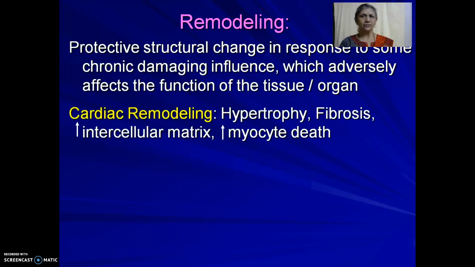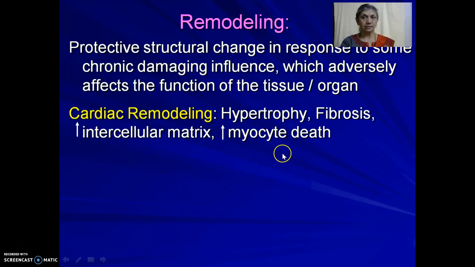What happens in case of cardiac remodeling? The chronically overworked heart undergoes hypertrophy, which is not just muscular hypertrophy but fibrosis, deposition of collagen tissue, which does not help in contraction. There is increase in intercellular matrix as well, and cardiomyocytes start dying faster.